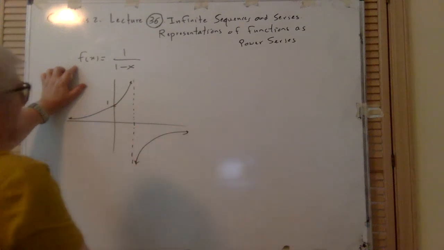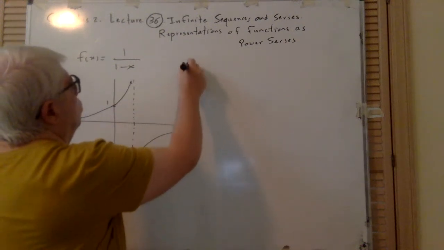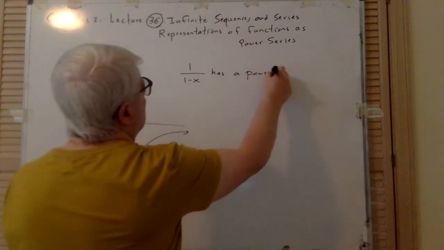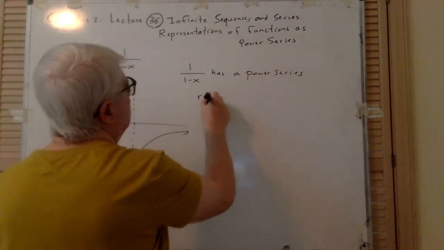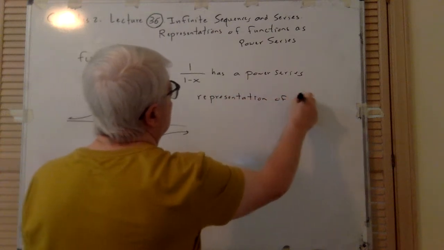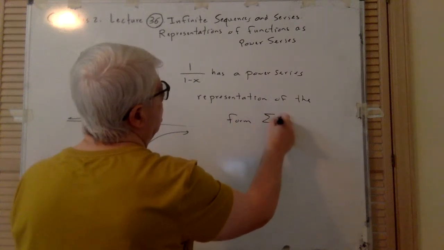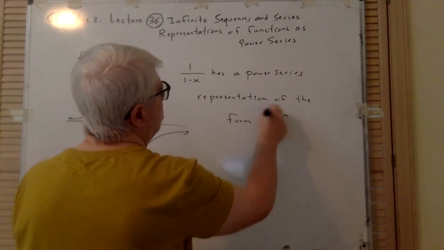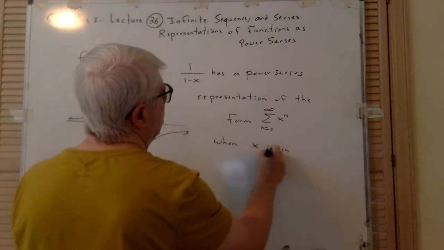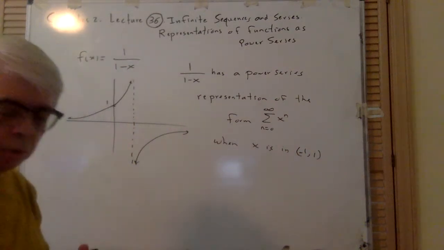Now this analysis is telling me that 1 over 1 minus x has a power series representation of the form sigma x to the power n starting at 0 going to infinity when x is in this interval, not outside that.